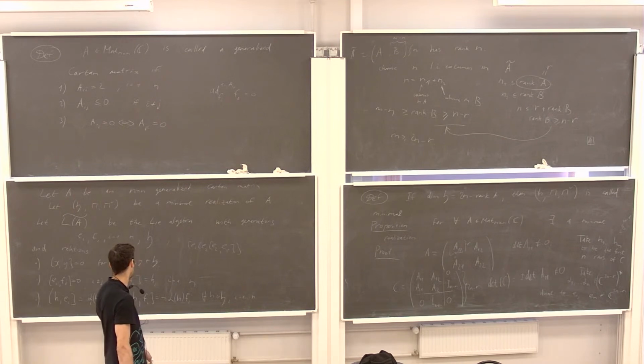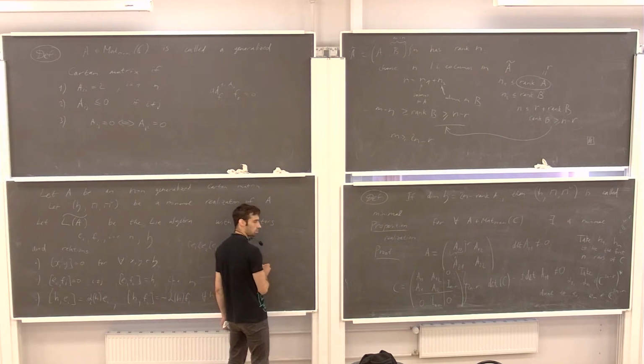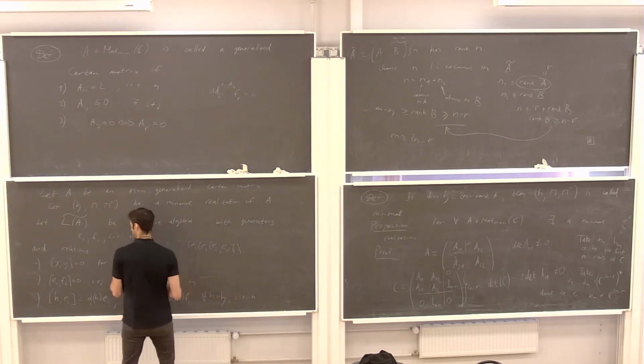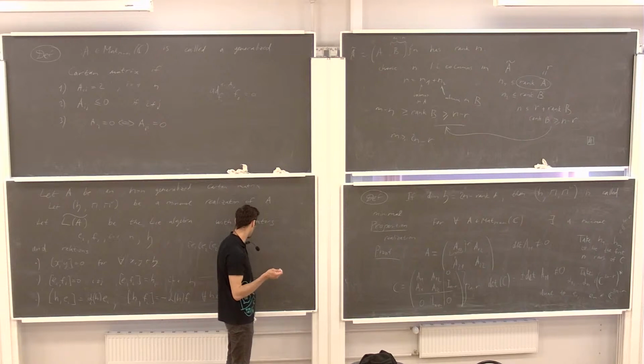No, when I say generators and relations, I start with the free Lie algebra, which already has the Jacobi identity, and then I impose more. I quotient by the ideal which is generated by some elements like that. So when I say by generators and relations, I already assume that the Jacobi identity is there. I take the free Lie algebra on this generating set, but then if I have an ideal inside this Lie algebra, I can quotient by it and get another Lie algebra.